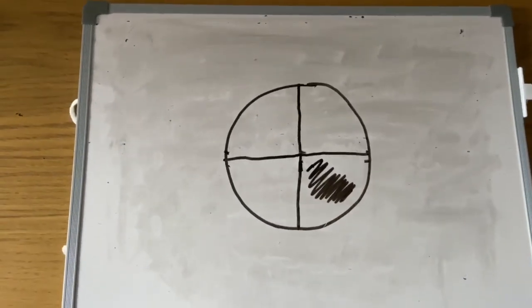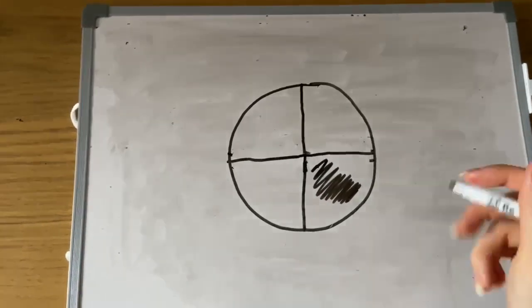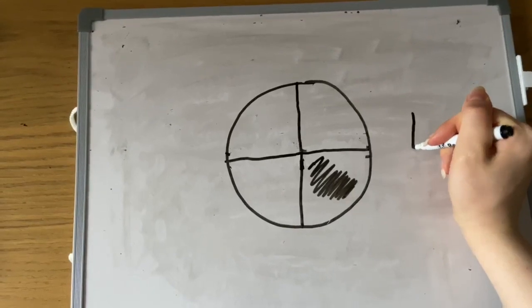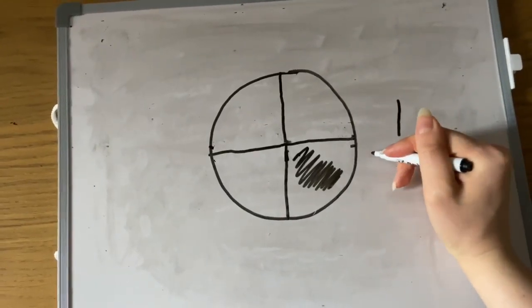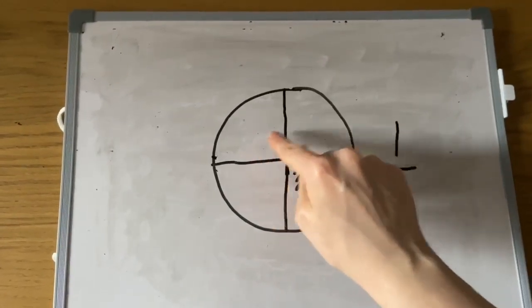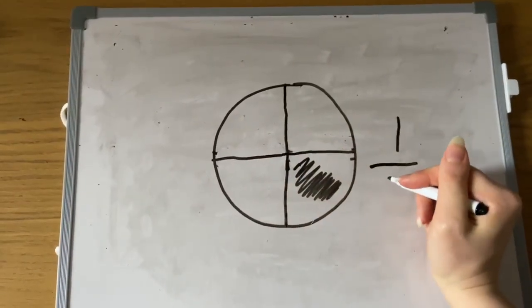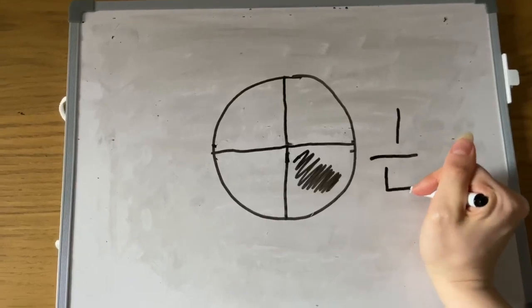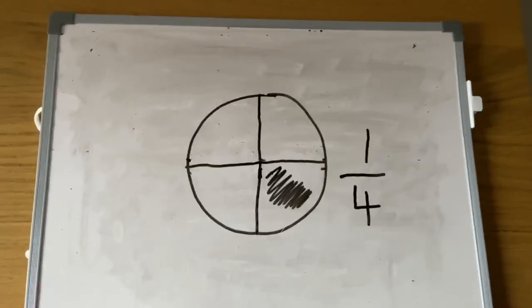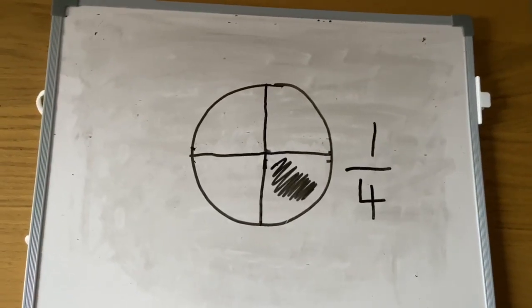So to turn this into a fraction, I would need to write that I had one slice out of a possible 1, 2, 3, 4. Out of a possible 4 slices. This fraction here is known as 1/4.